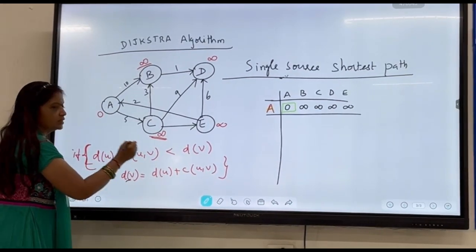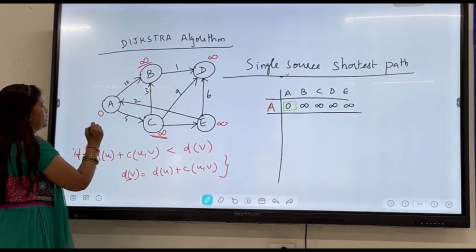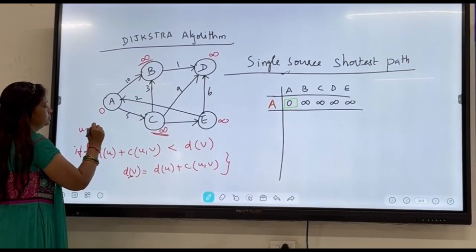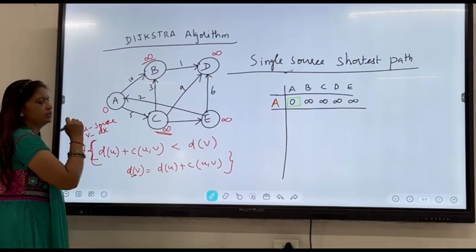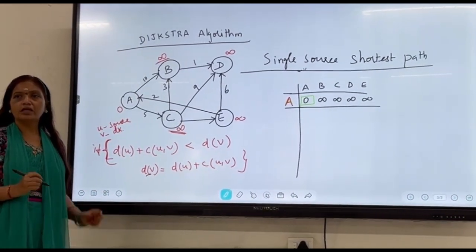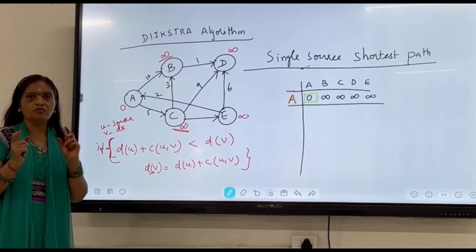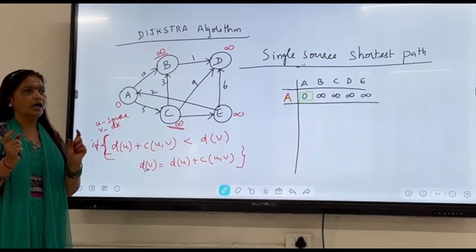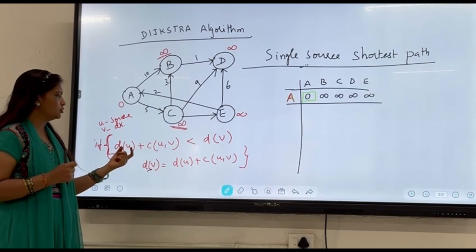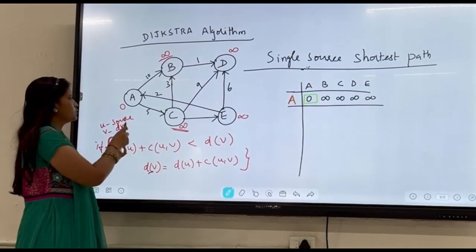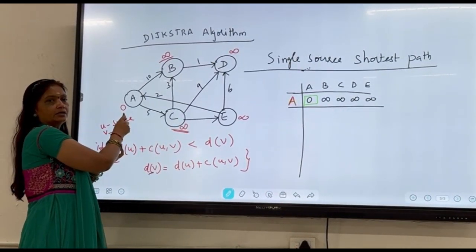What is U, what is B? U happens to be the source node. B happens to be the destination. So from one node to another node, I am going to consider the source as U and the destination as B. I am going to see the distance of U, which means what I have written in red here, 0, infinity.